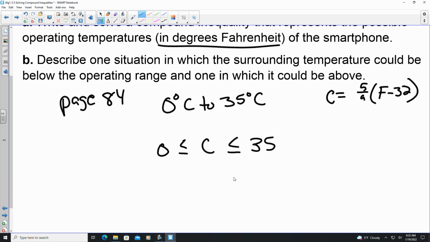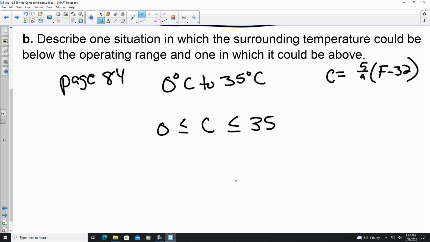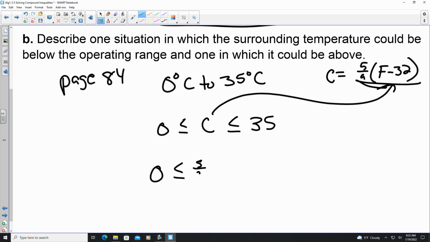So what we're going to do is write this as 0 is less than or equal to 5/9 times the quantity of F minus 32, which is less than or equal to 35. So this is how we're going to get our temperature range in degrees Fahrenheit.